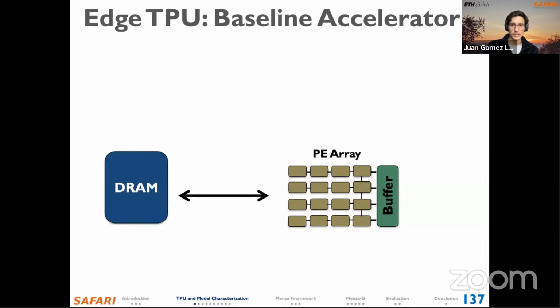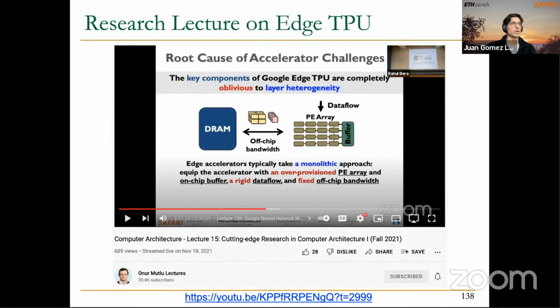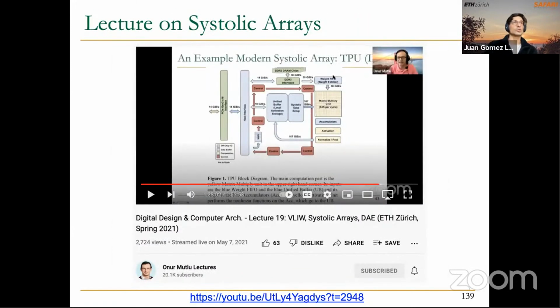In particular, this accelerator follows the systolic array model, where a two-dimensional array of processing elements receives data from two sides and performs a matrix multiplication very efficiently, as Geraldo explained. You can take another look at this talk; here you have the link to the corresponding lecture. You can also watch Professor Mutlu's lecture on systolic arrays.